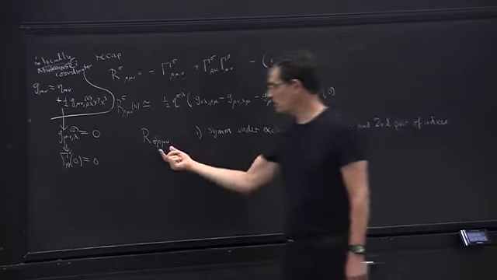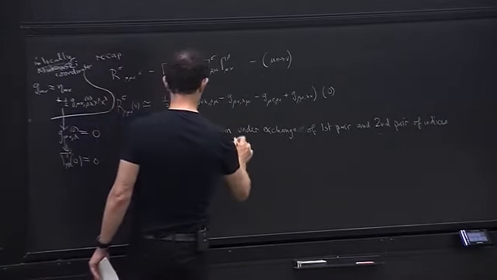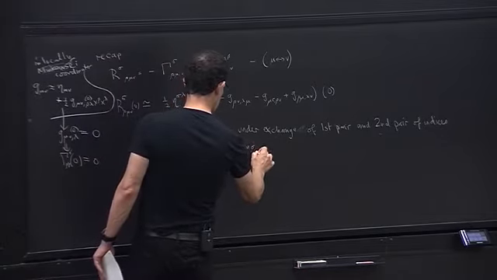So if I just flip, this is equal to R mu nu sigma rho.